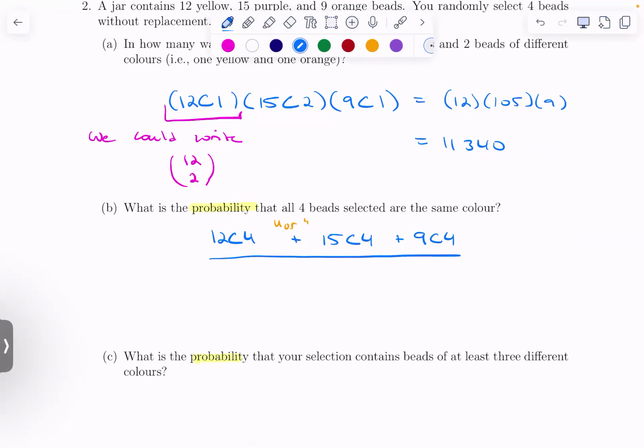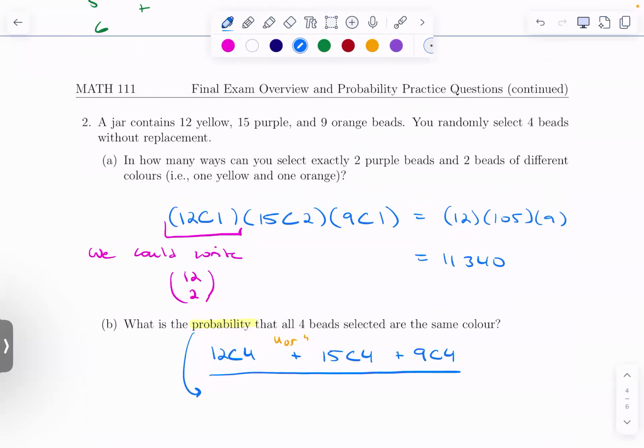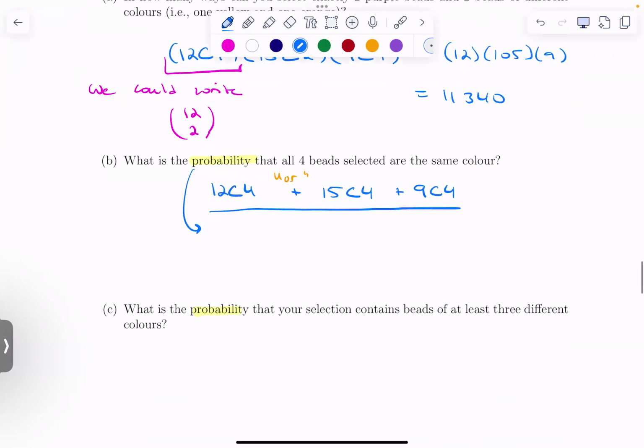For the probability, I need to divide by the total possible outcomes. Now, how many do I have in total? I have 12 and 15 and 9, which puts me at 36 total. So the total number of possible ways from 36 that I could choose 4 is going to be the total number of outcomes.